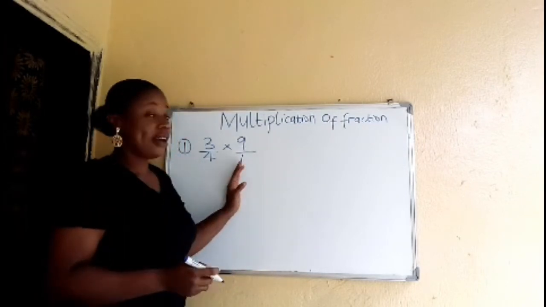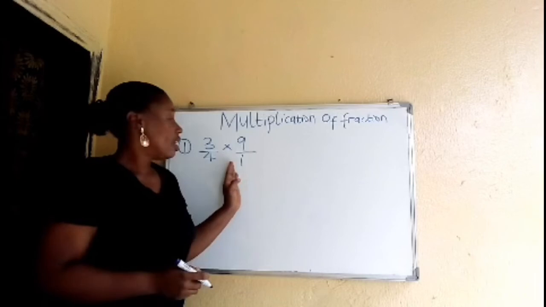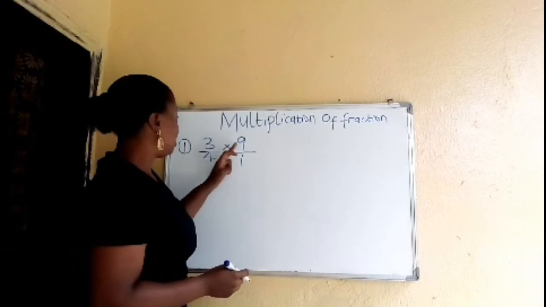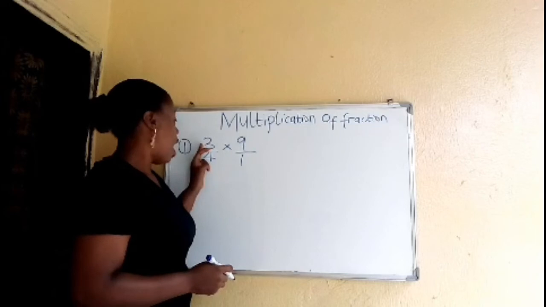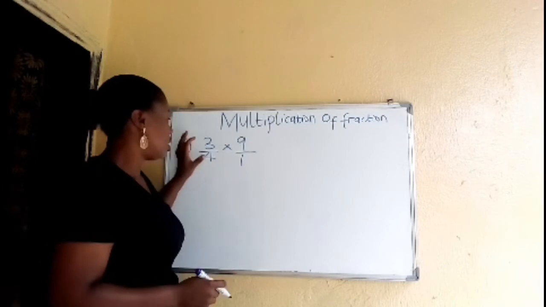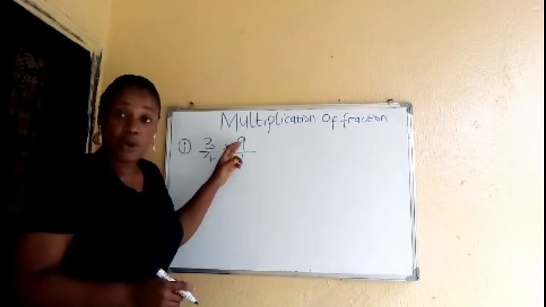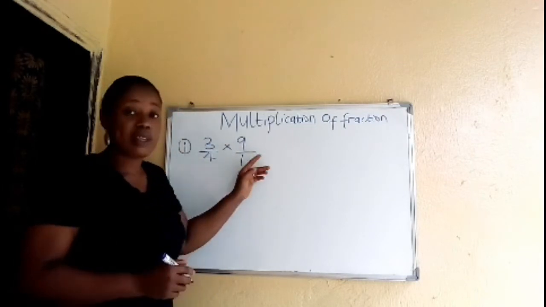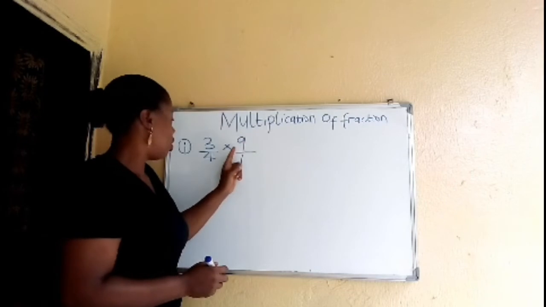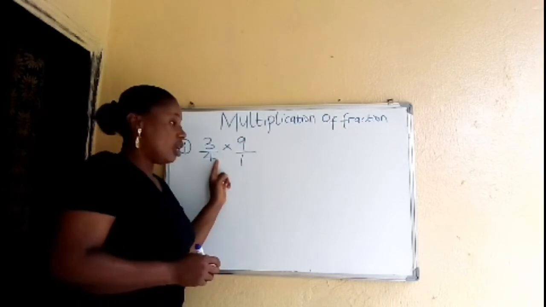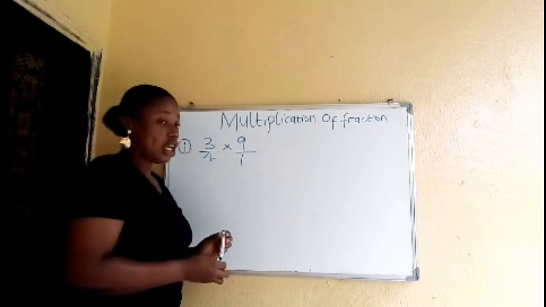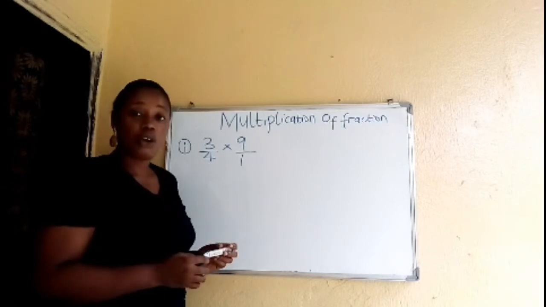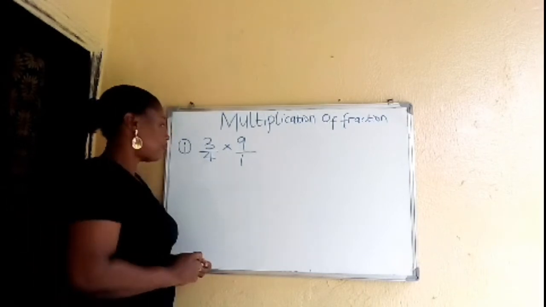Why I encourage my learners to put 1 is so that they will know that this 9, which is the whole number, is for the numerator, while 1 is for the denominator. This is to allow them to know the numerator and the denominator so that they won't mistakenly multiply the numerator with the denominator. So after doing that, we have to check if we have multiples of the numbers among them.